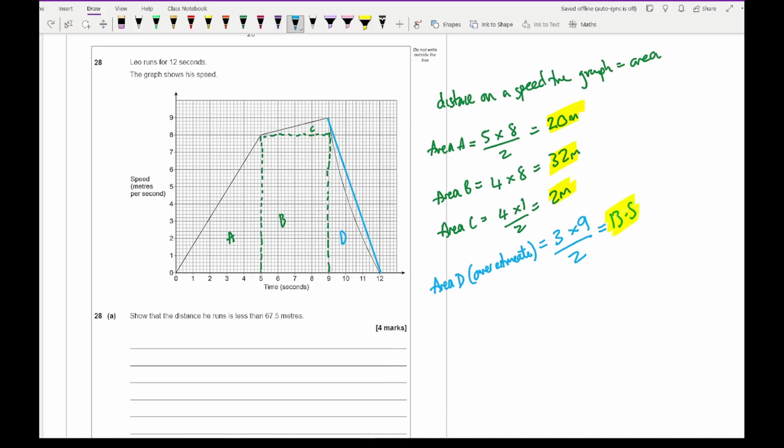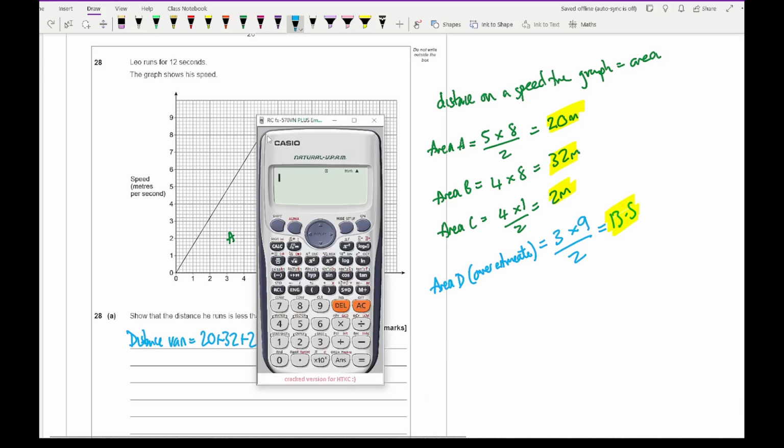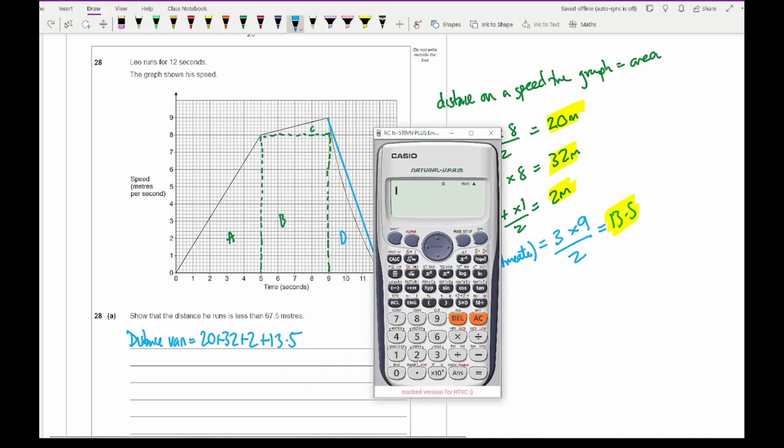So the distance ran is going to be equal to 20 plus 32 plus 2 plus 13.5, and let's add that all up. It gives me an answer of 67.5.